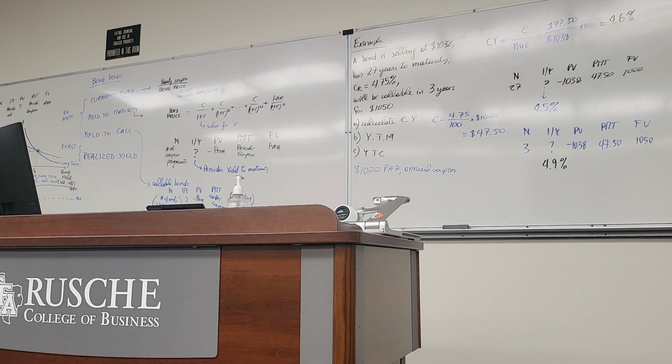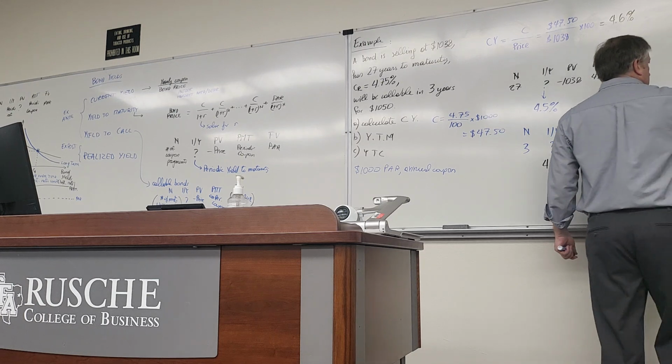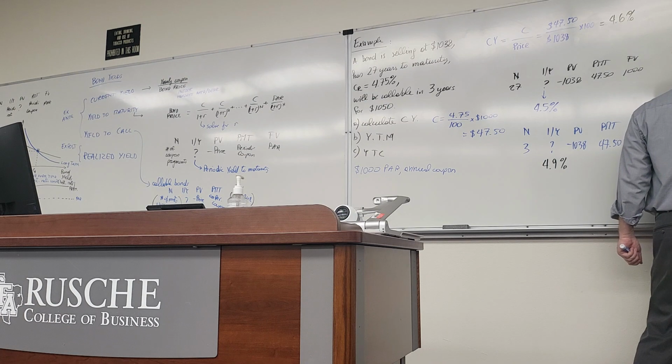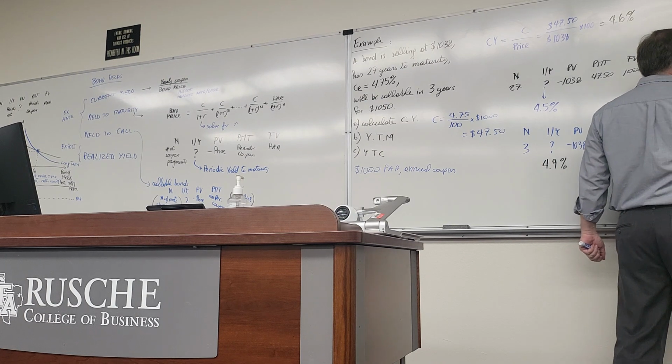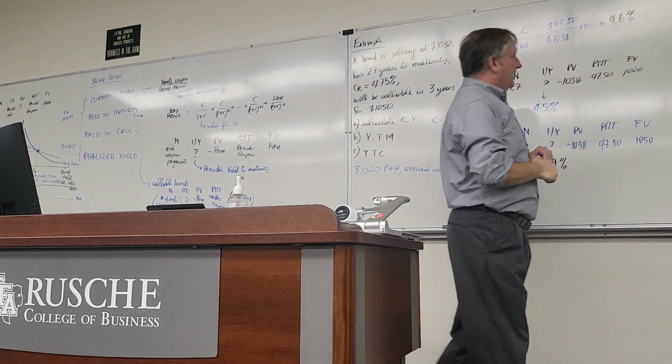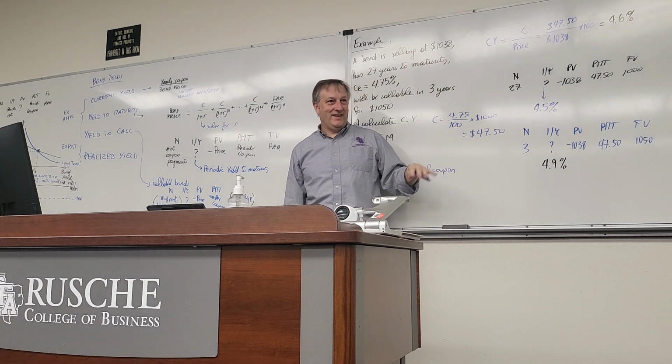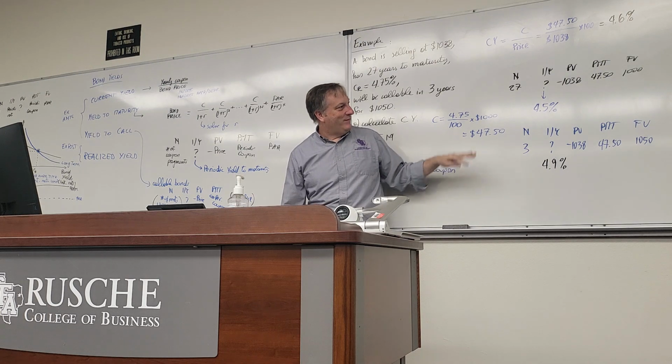Okay, so it's the same question, but now the payments are semi-annual. So the calculations are carried out the same way. But remember, slow down. It's exciting, but I'm going slower.